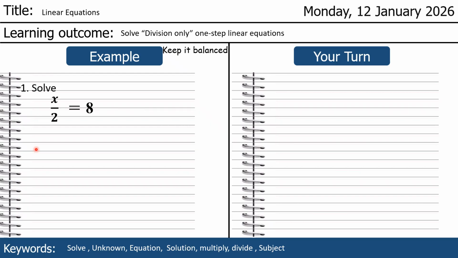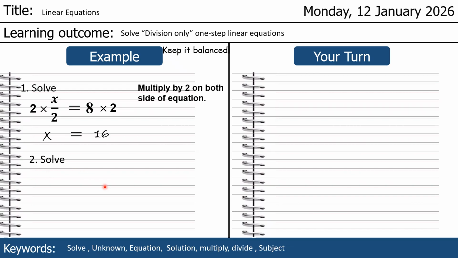That means we have to multiply both sides of the equation by 2. So on our left hand side of the equation, we multiply by 2, and on the right hand side of the equation, we multiply by 2 as well. Therefore, x is equal to 16.